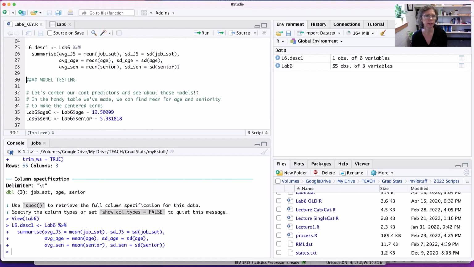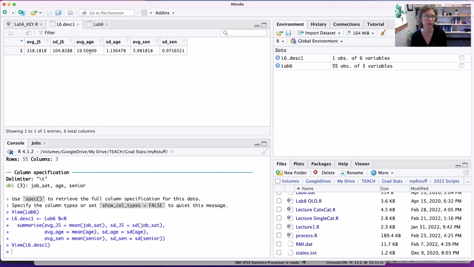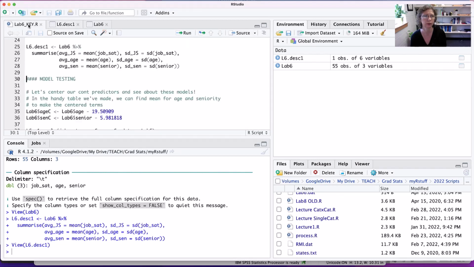So now we go into model testing, and to prepare those predictors for running in the regressions, I want to center them. I already have the mean for age because I just asked for it there. So the mean for age and the mean for seniority are what I need to use to compute the mean centered predictors.